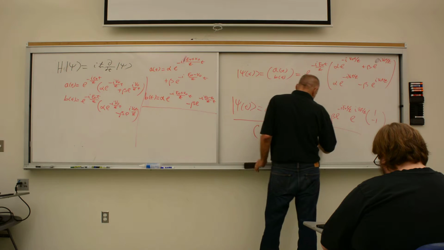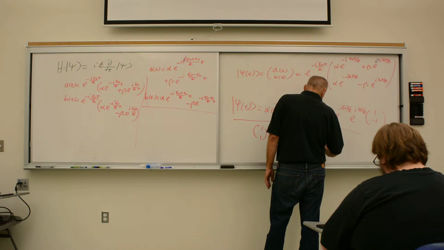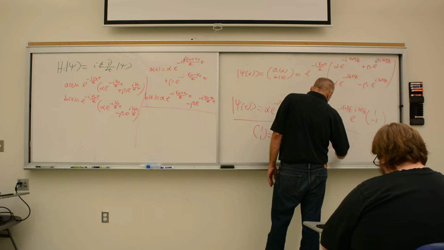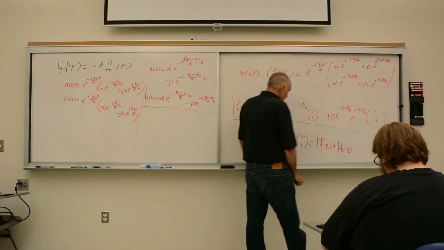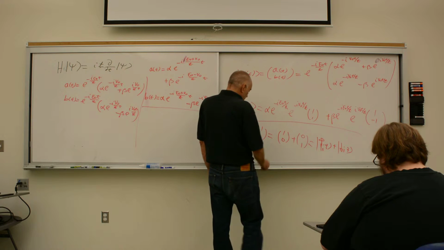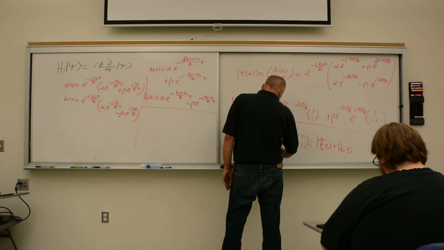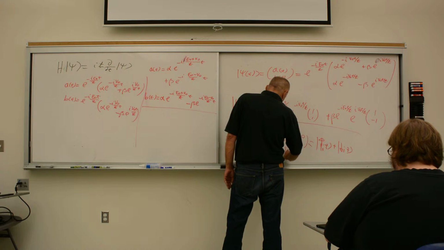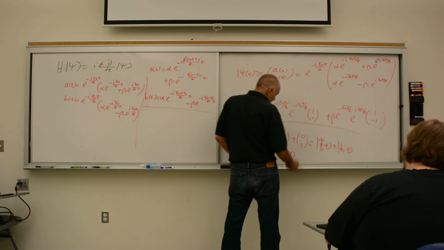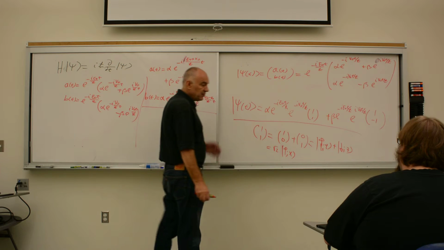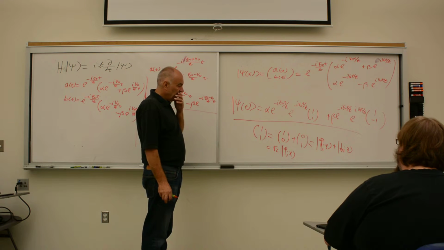So this is up z plus down z. Or you can write it as square root of 2 times up in x.